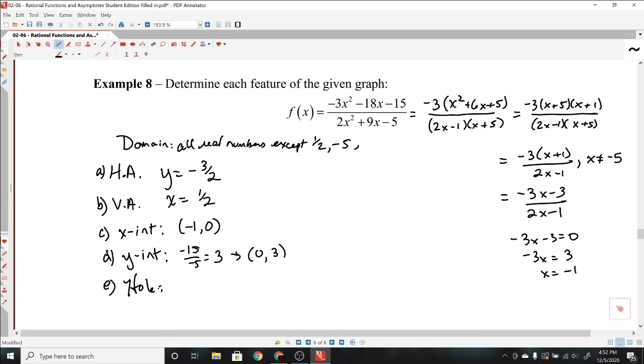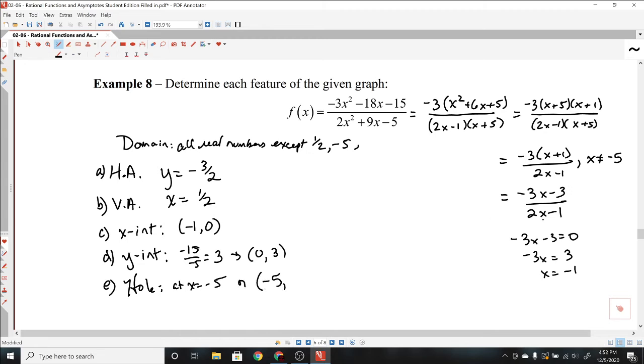Last is where's a hole? Well, again, I go back to the pre-reduced version. Wherever we have a common factor, the zero of that factor is where we have a hole. So I have a hole at x equals -5.